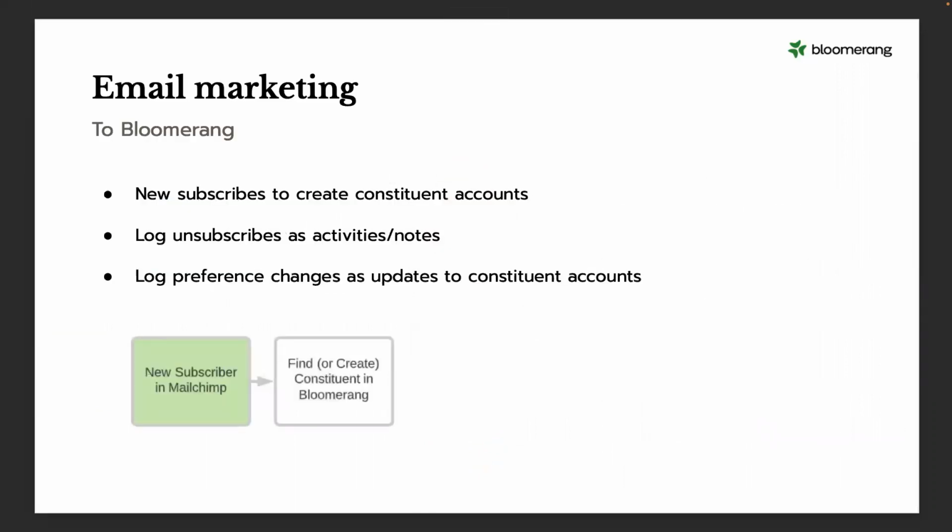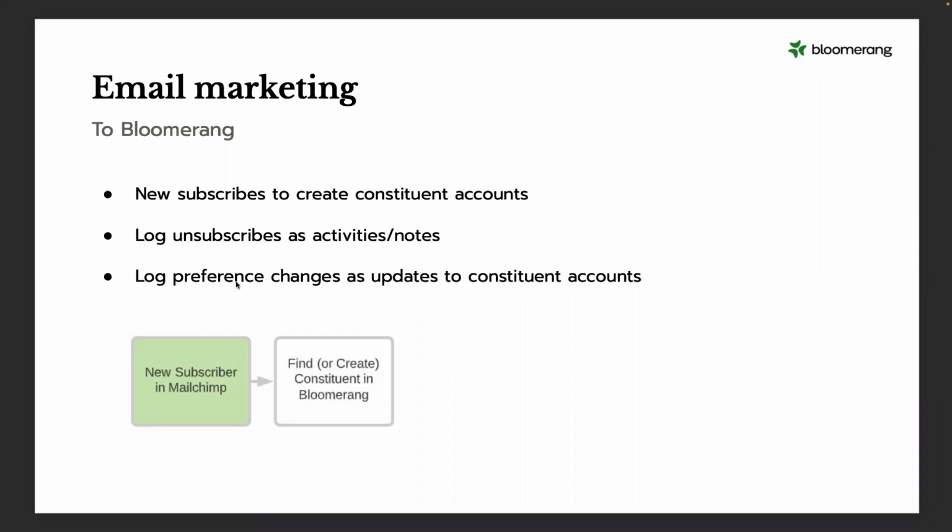Now, in addition to automations that sync constituents from Bloomerang into your email marketing tool, we can also integrate the other direction. So syncing subscribers from your email marketing tool back into Bloomerang. So this could be adding new subscribers in your email marketing tool and creating constituent accounts in Bloomerang, logging unsubscribe activity in the timeline in Bloomerang, or logging some preference changes as well.